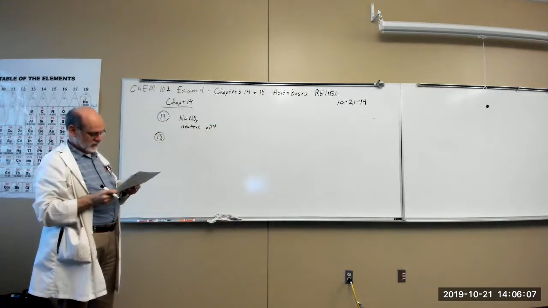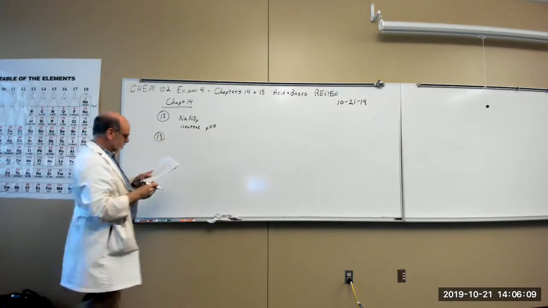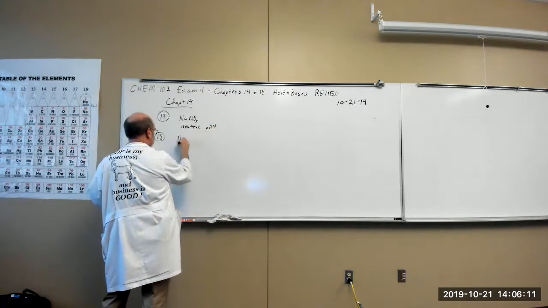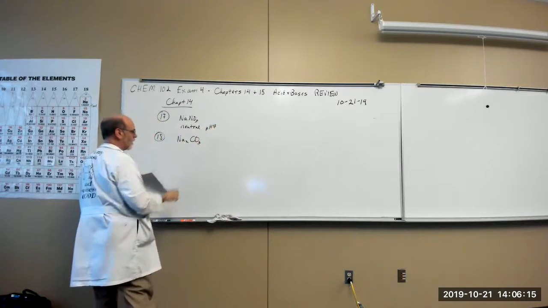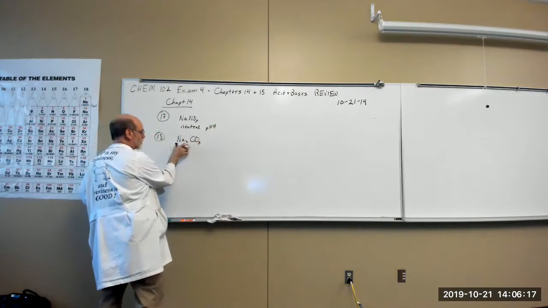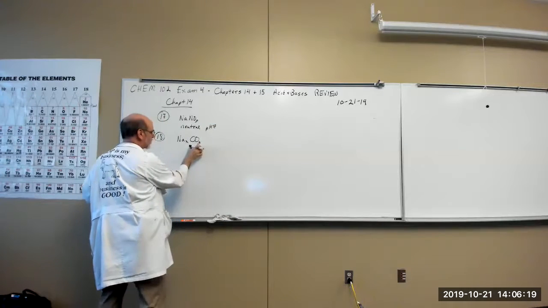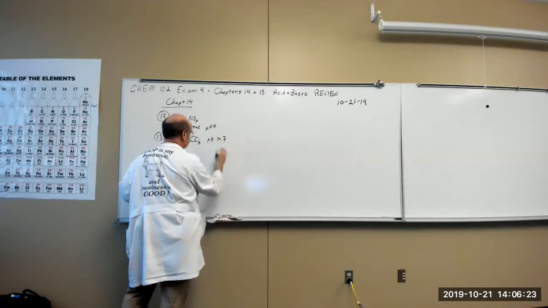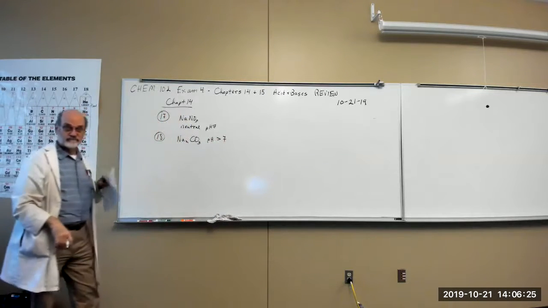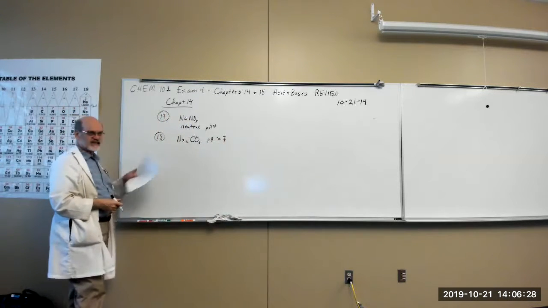Okay, 18. Sodium carbonate. This one comes from a strong base. That one comes from a weak acid. So pH is going to be greater than 7. Right, that's going to be basic.